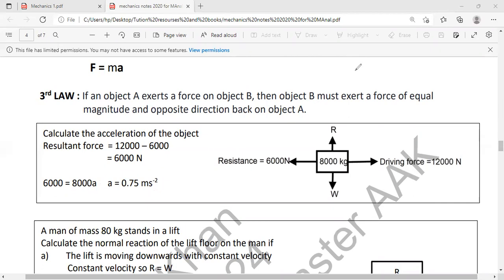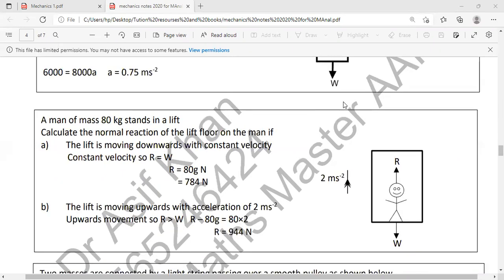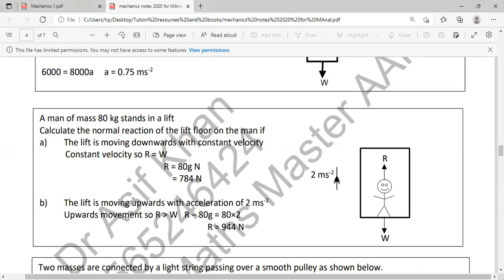Okay, sir. Similarly, the other example is related to vertical motion. In this vertical motion, a man of mass 80 kg is standing in a lift. The lift is moving downwards with constant velocity.